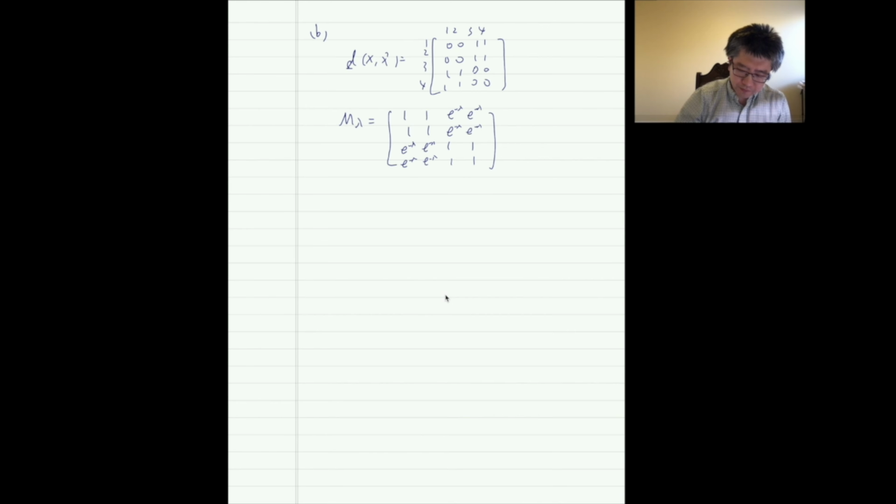Okay, and then as what we did in class, we just assume that e to the power of negative lambda is a. Let e negative lambda equal a. Then this matrix can be written as this. Okay, very good. And here we're gonna use the two formulas that we used before.